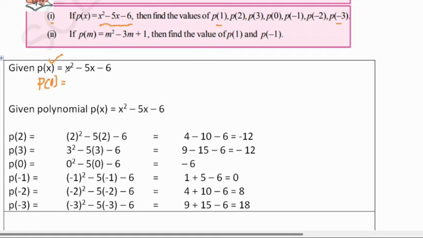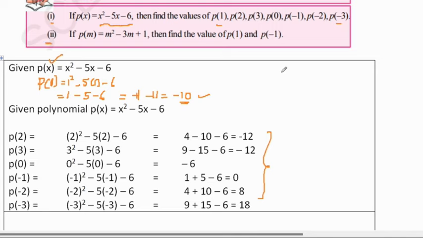So p(1) will be 1 square minus 5 times 1 minus 6. 1 square is 1, 5 times 1 is 5, minus 6. So we have to add all the negatives. Minus 5 minus 6 is minus 11, plus 1, minus 11 is minus 10. So the value of p(1) is minus 10. Similarly, the values of p(2) to p(minus 3) and the procedure are given below. Please go through it once.